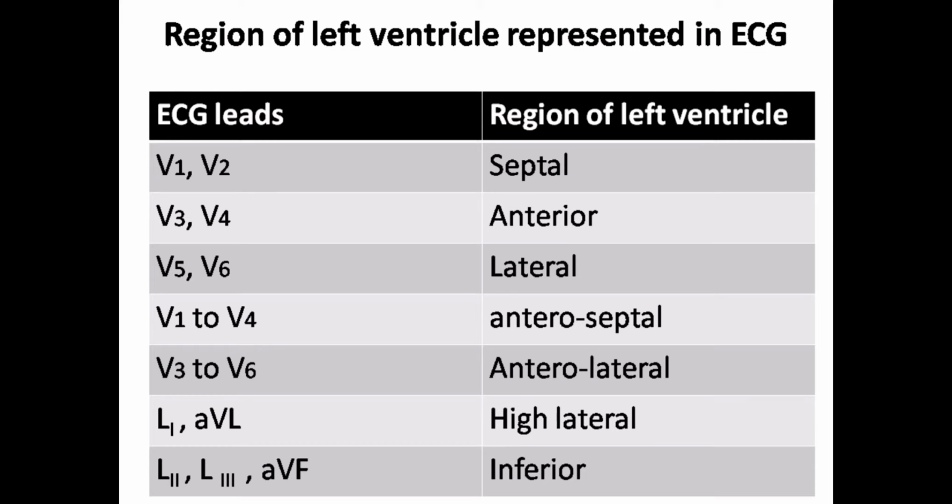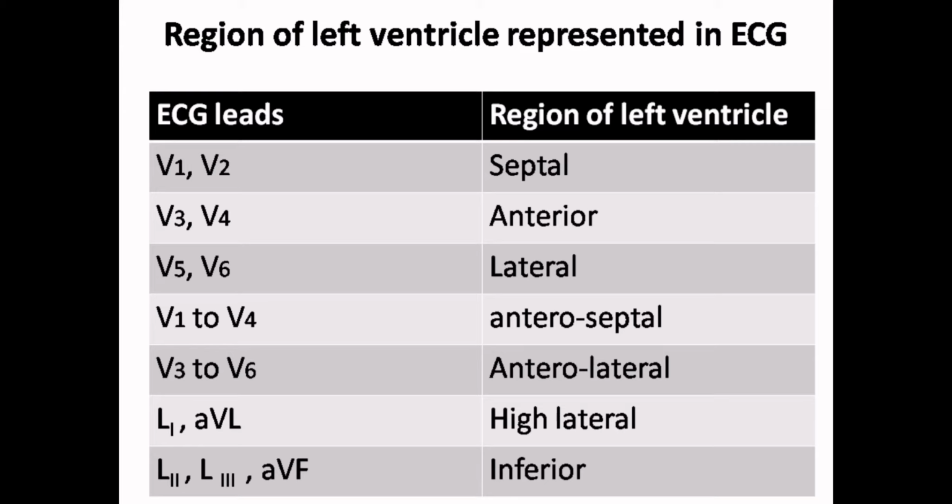For the regions of the left ventricle represented in the ECG, V1 and V2 represent the septal region, V3 and V4 represent the anterior region, and V5 and V6 represent the lateral region. V1 to V4 represent the anteroseptal portion of the ventricles.